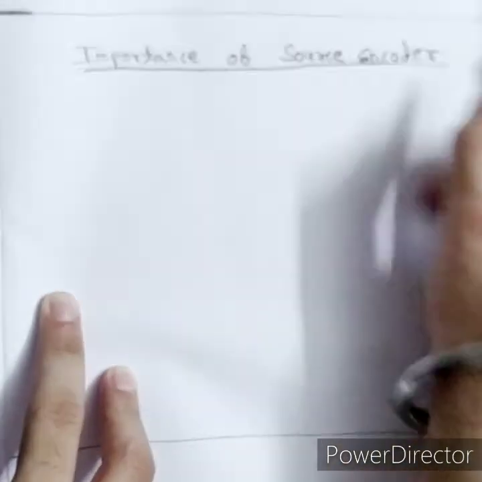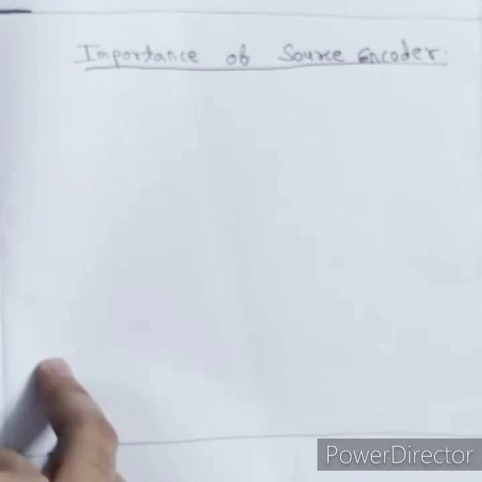Now, as we discussed in the last lecture, the information source generates some symbols, and that symbol is passed through the source encoder, and the source encoder converts the generated symbols into a stream of bits.